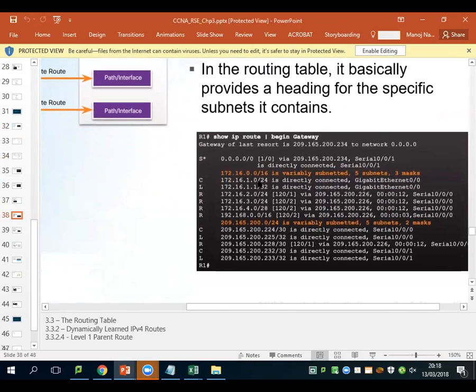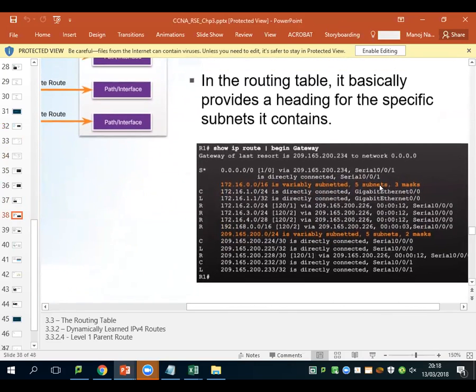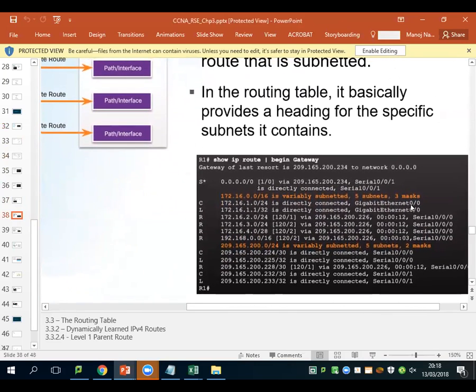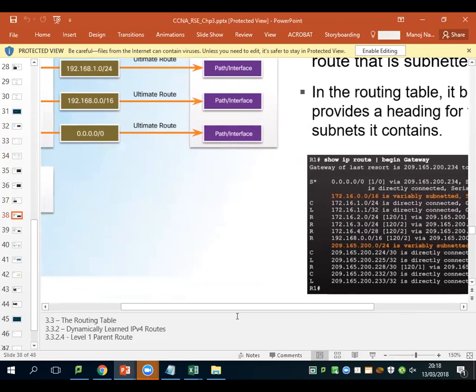Anywhere it has variably subnetted, and you've got 5 subnets and masks there, that's your parent route. It's just a header for the subnets it then contains. So this masking shows you the 5 subnets involved. And here they are, your 5 subnets that come off this one summarization address.